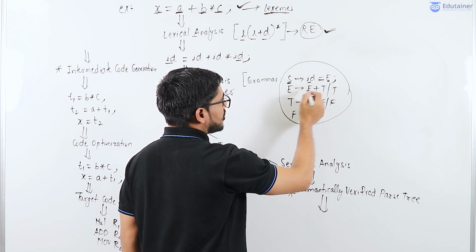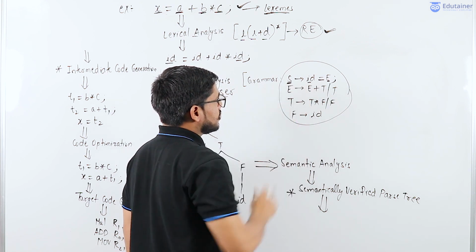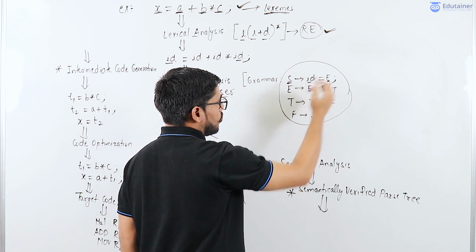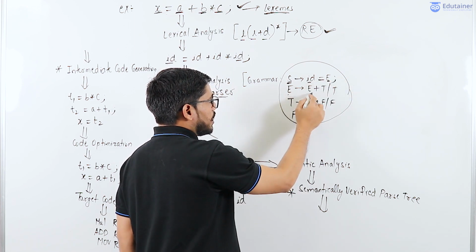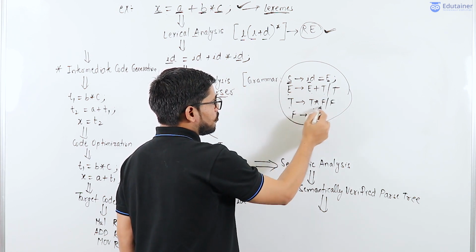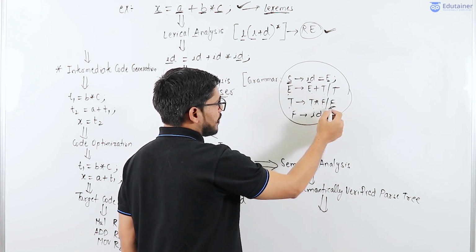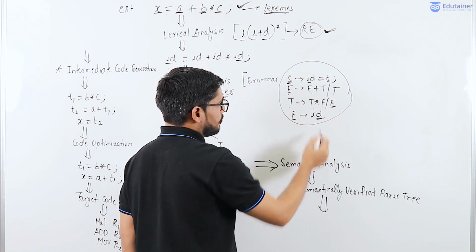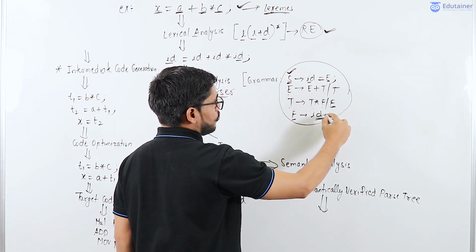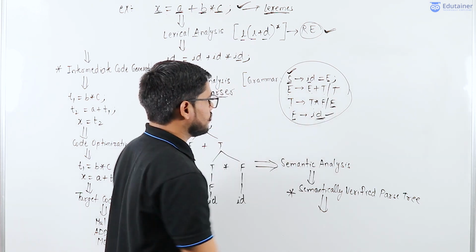E is an expression, S is the statement. So statement is identifier equal expression followed by semicolon, and expression can be expression plus term, or simply a term. Term can be term into factor, or simply a factor, and factor can be an identifier. Finally we have to start from a statement and go to the identifier.